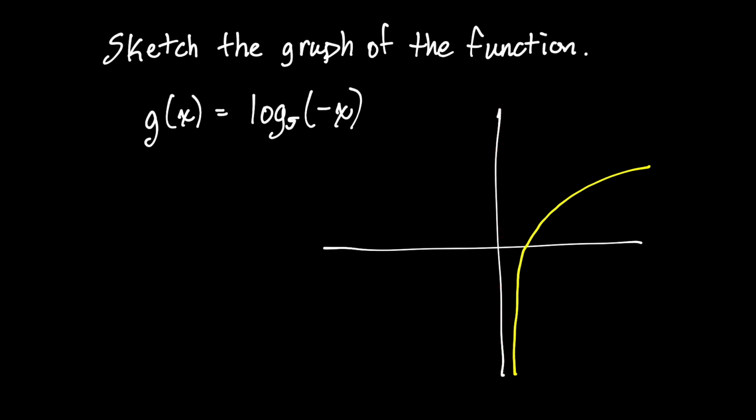So this graph would look something like this, drawing it as carefully as I can to look like it's the mirror image of this one. So this didn't get shifted to the left. This got flipped. This was like the flip point, the mirror, I call it.